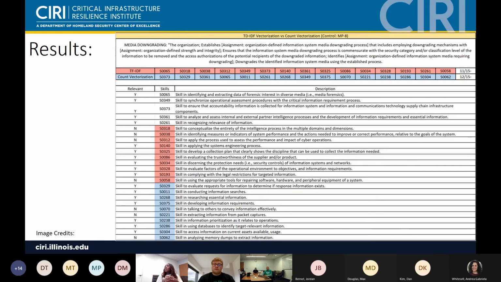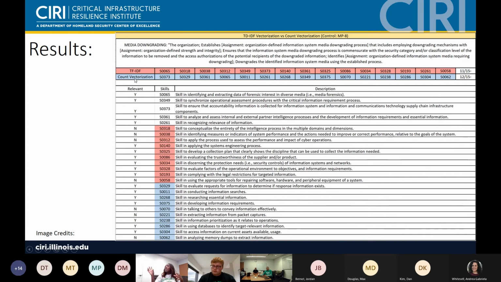So here is a chart with the MP-8 control for media downgrading. The top two lines that you see here in red and blue are a comparison of the TF-IDF skills that were found and count vectorization, which is essentially that bag of words I was speaking to previously.